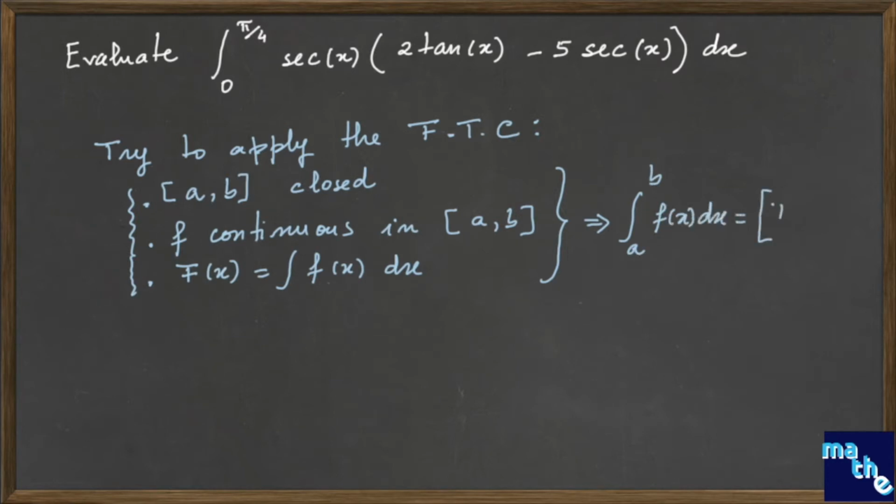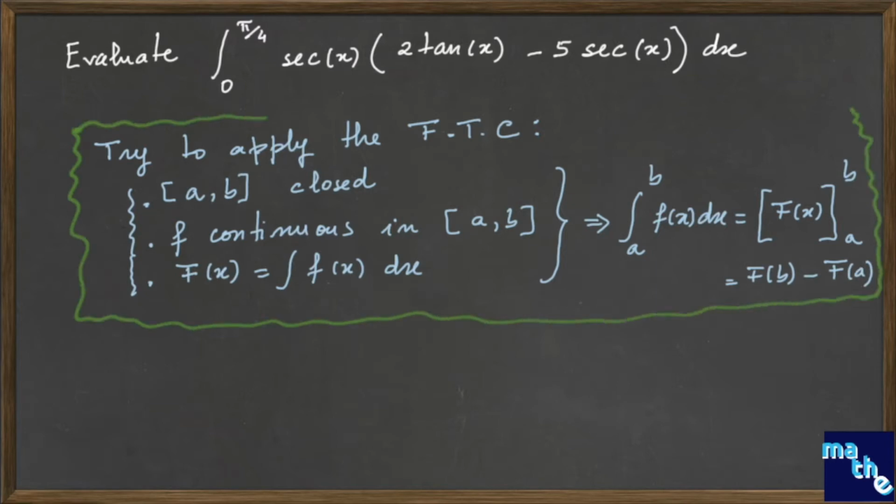We need to know also the integral of the function that we want to integrate. Knowing this, we can apply the fundamental theorem of calculus as this. We need to evaluate the integral in point B minus in point A.